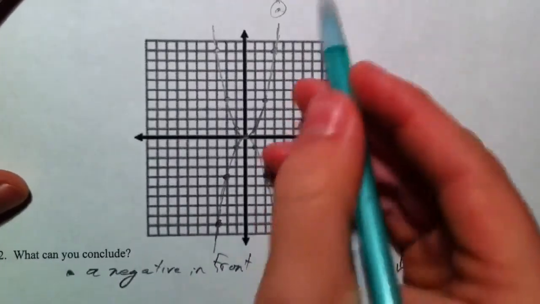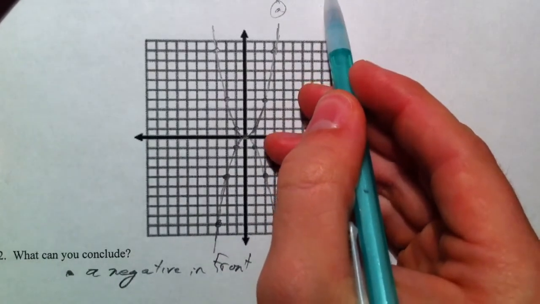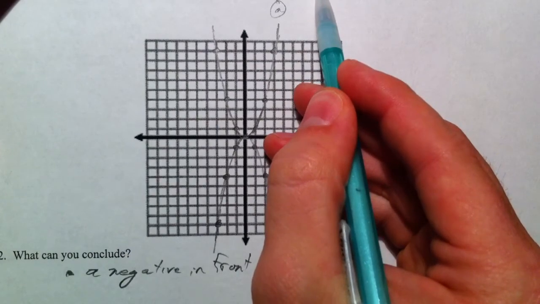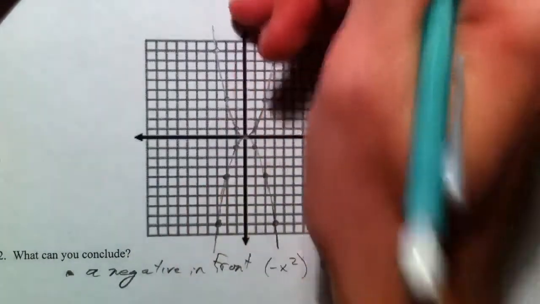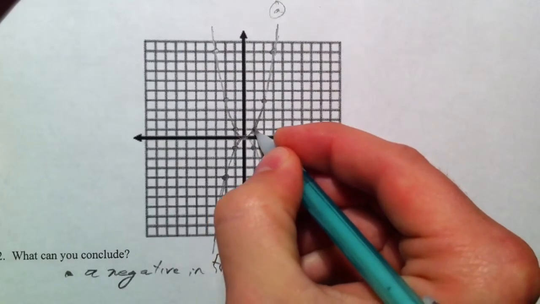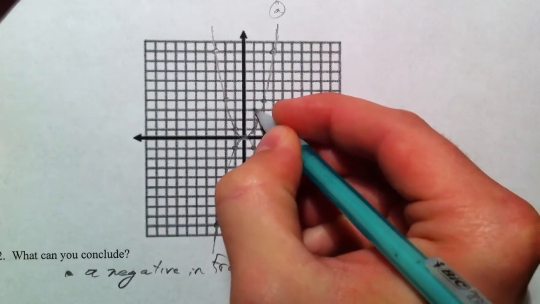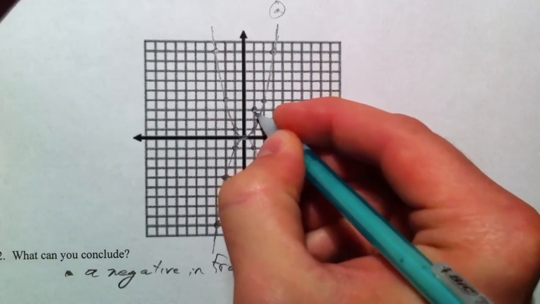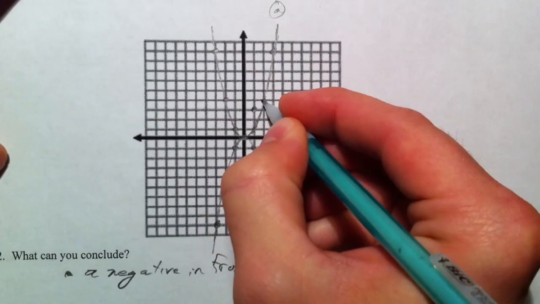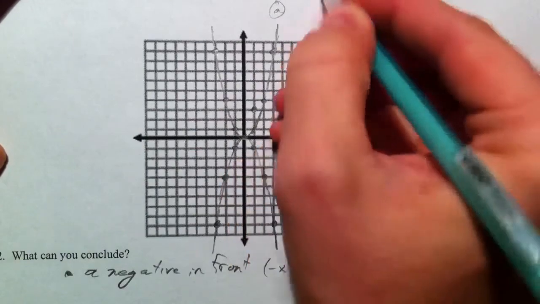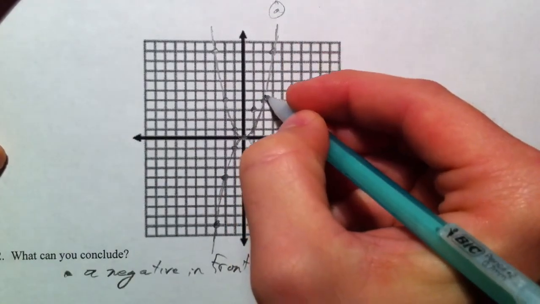Alright, 3x squared. After you square it, then multiply it by 3. What that's going to do is stretch it out vertically because 1 squared and then times 3. So it's not actually going to 1, it's going to 3. 2 squared is 4. It's not actually going to 4, it's going to 4 times the 3. So it's going to 12.